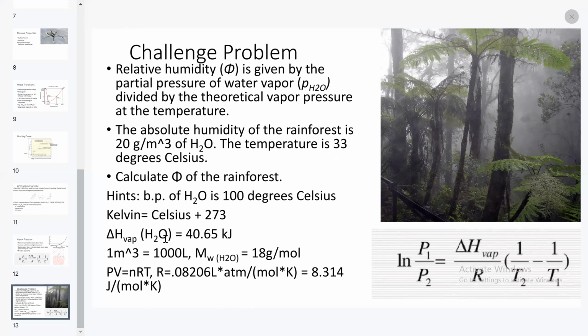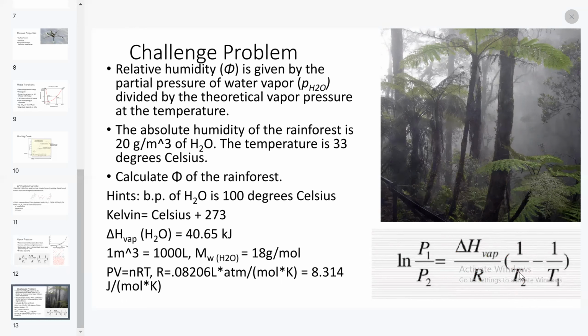Delta H of vaporization of water is 40,650 joules, so 40.65 kilojoules. 1 meter cubed is equal to 1,000 liters. The molar mass of water is 18 grams per mole. And we have the ideal gas law here for your convenience. R equals 0.08206 liter atmospheres per mole Kelvin, and it also equals 8.314 joules per mole Kelvin.